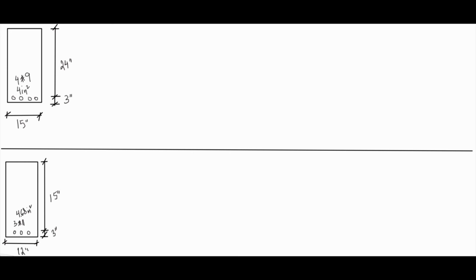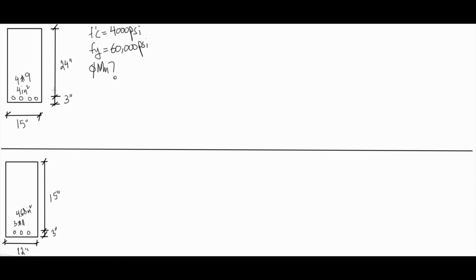Okay, so let's take two example applications on this. We have two beams. We will choose Fc prime for both of them the same. So Fc prime is 4000 psi, and Fy is 60,000. This will be for both of them. Right, so determine the design moment capacity. So what's phi Mn?